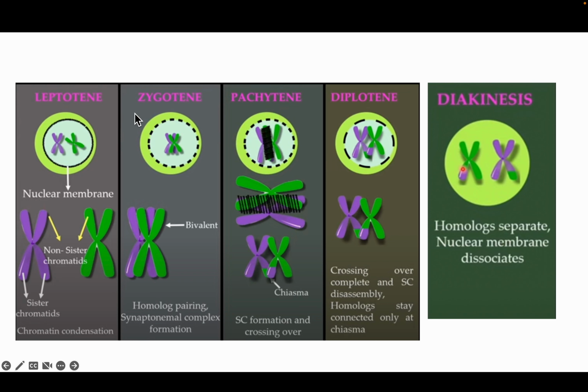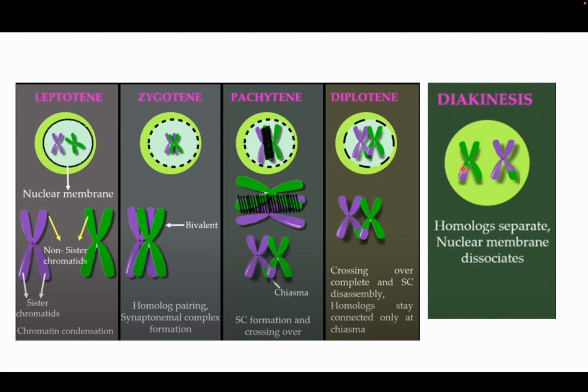In zygotene, the homologous pairing will start. These two chromosomes are homologous to each other, so they will come closer, to around 100 nanometers, and start pairing as homologs. To get them paired, there should be some protein complexes which hold these chromosomes together.